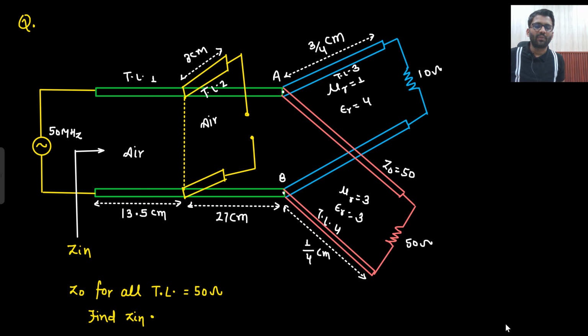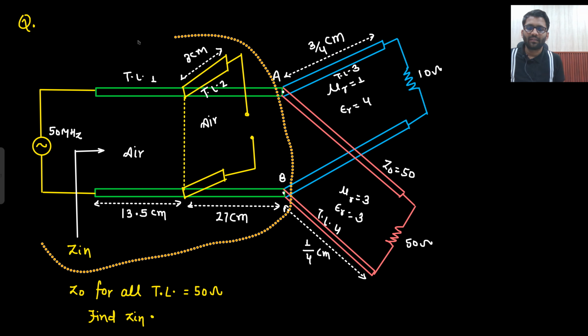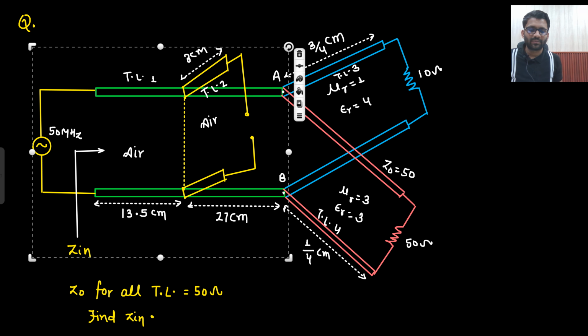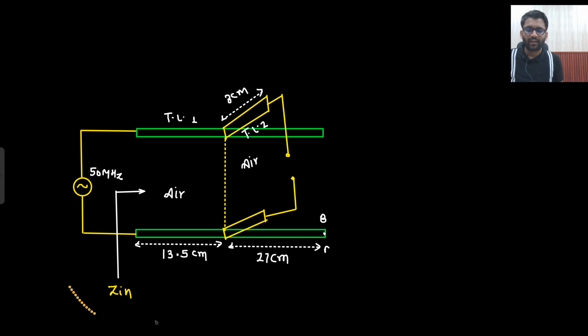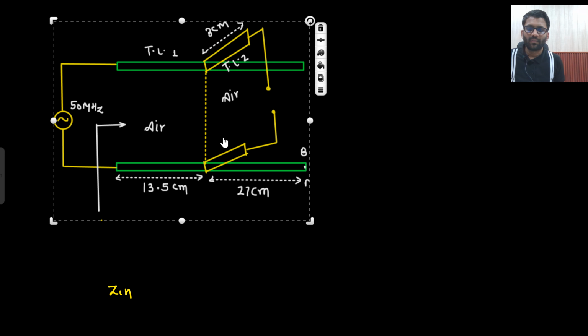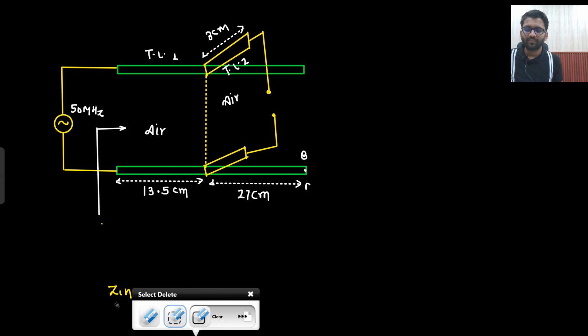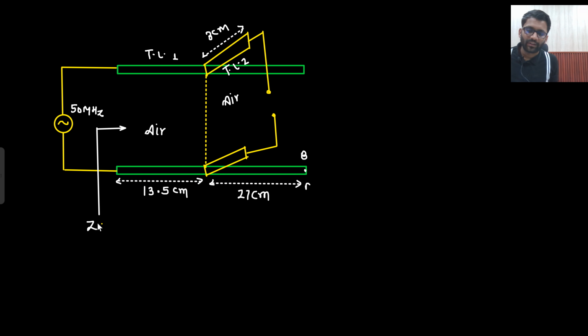Okay. So now between A and B, what I can do now, I can copy this much transmission line, and add the load. I need to find Z in only and add the load between A and B. I can connect two impedances.